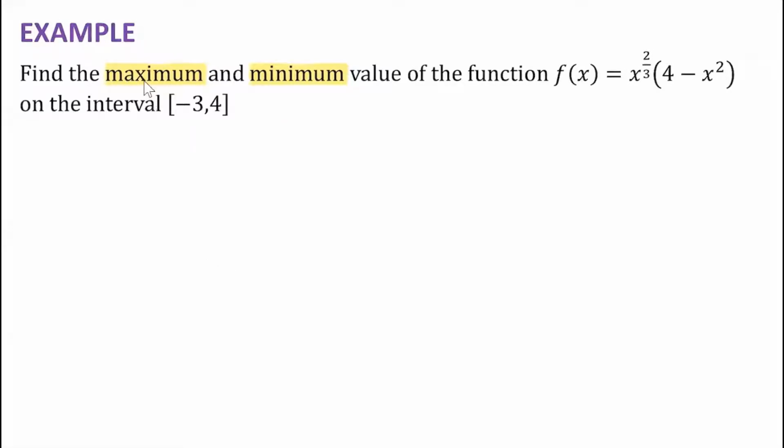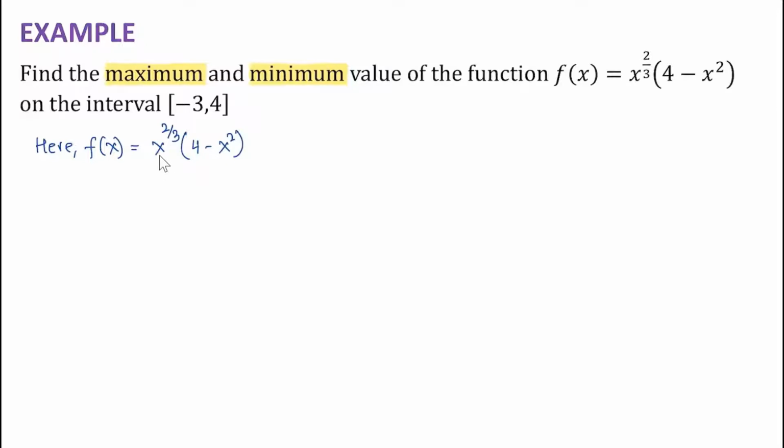So first we are going to find the first derivative of this function. Here my function is f of x equal to x to the 2/3 multiplied by 4 minus x squared.